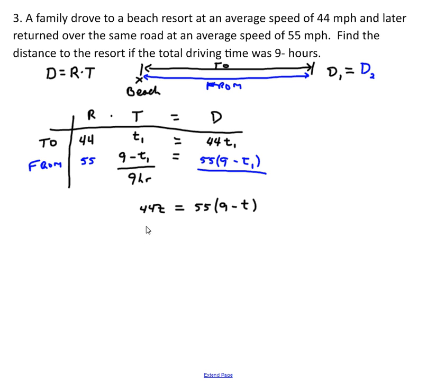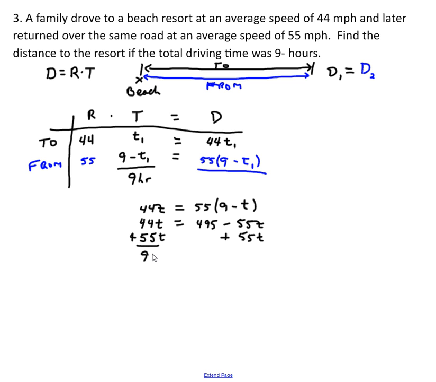All right, so let's solve for t first. When we work this through, 44 times t is equal to 55 times 9. I've worked that out. 55 times 9 is exactly 495 minus 55t. Well, we're going to have to combine our like terms, so let's add 55t to both sides to gather our like t terms to one side of the equation.